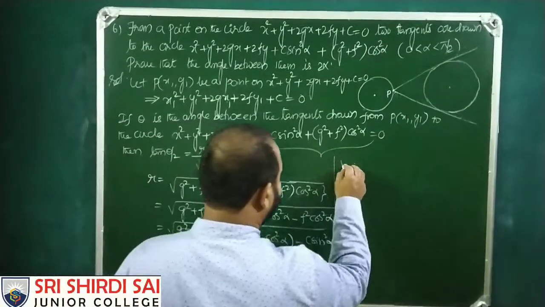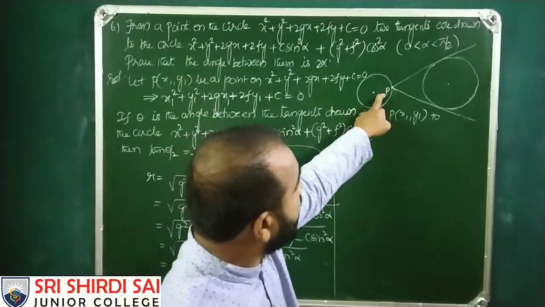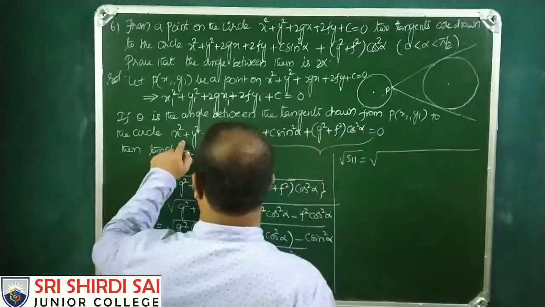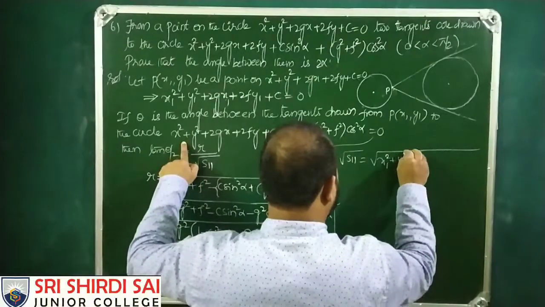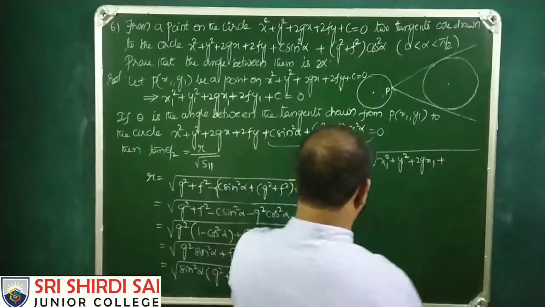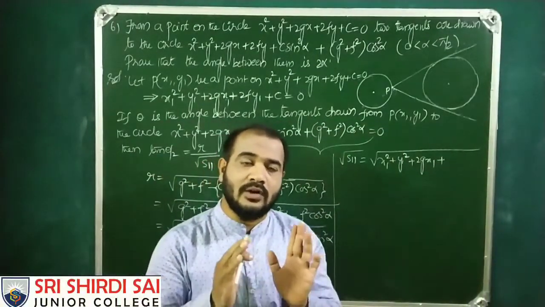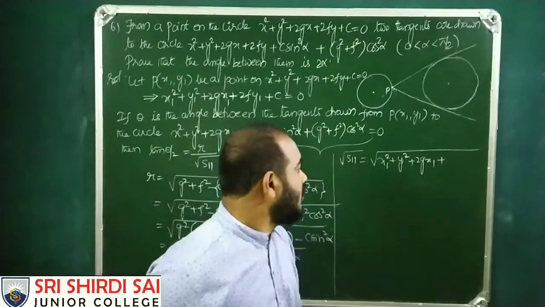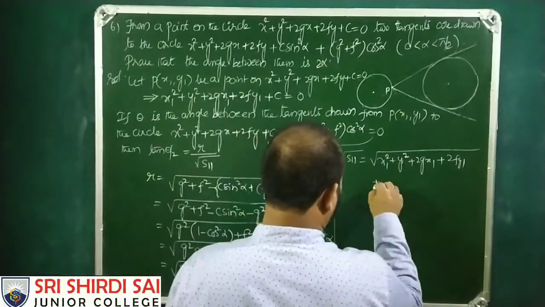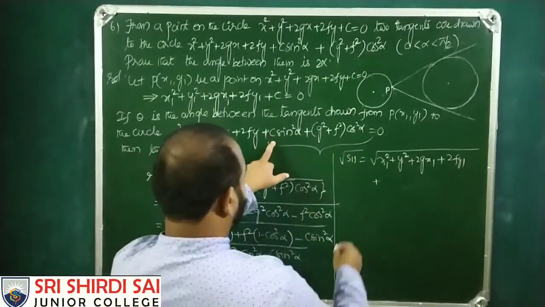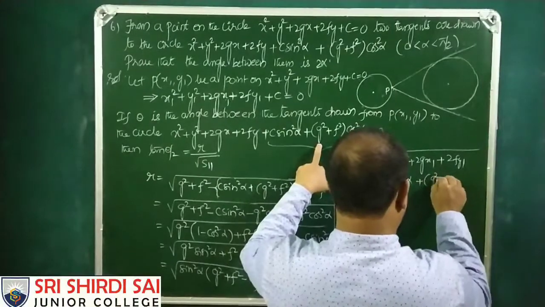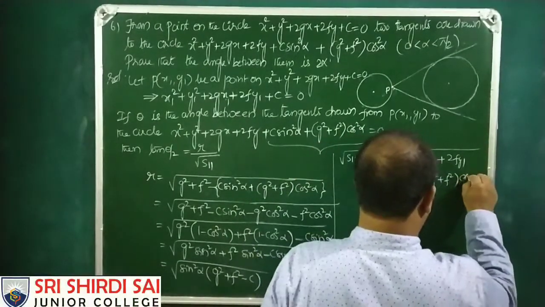What is root s11? Length of the tangent drawn from P(x1, y1) to this circle. So this is equal to square root of x1 square plus y1 square plus 2gx1 plus 2fy1, simply substituting the point P(x1, y1) into the circle, plus c sin square alpha plus g square plus f square cos square alpha.